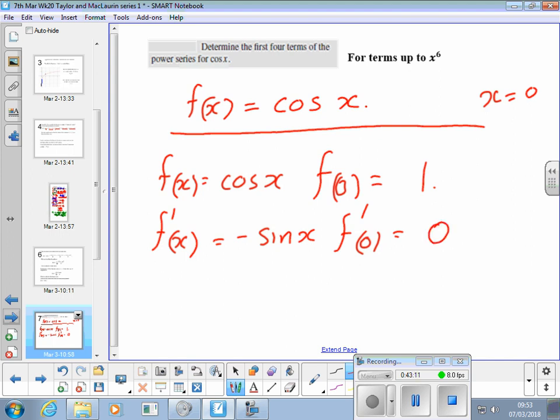Then f double dash of x, so we differentiate the function minus sine x, gives minus cos x. The value of that at 0 is minus 1.